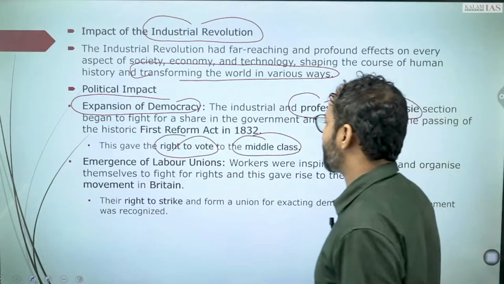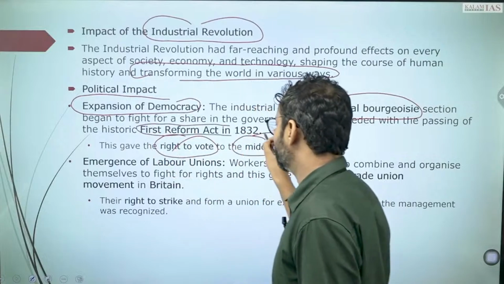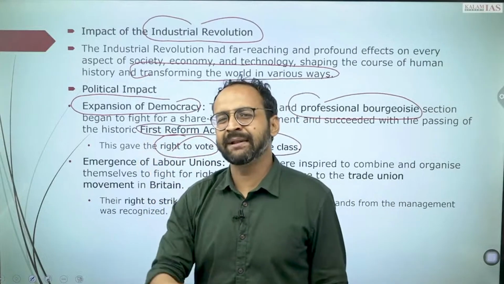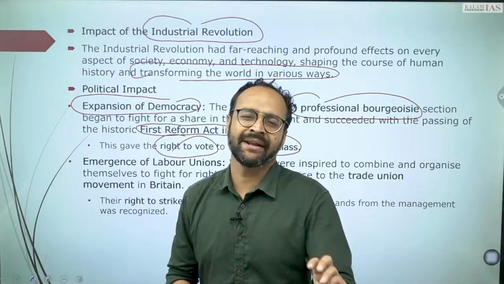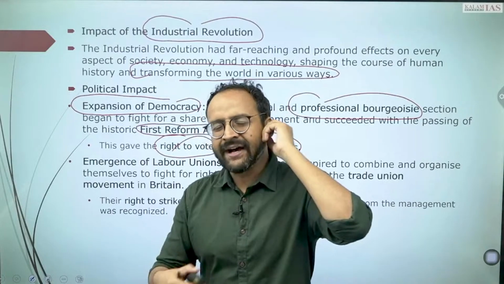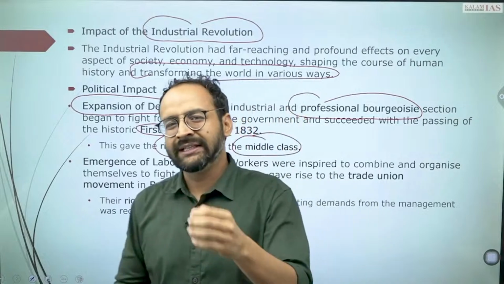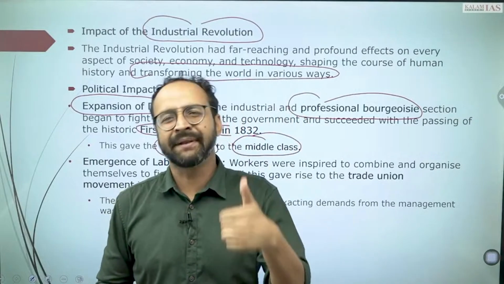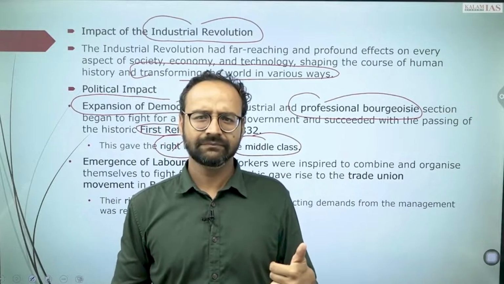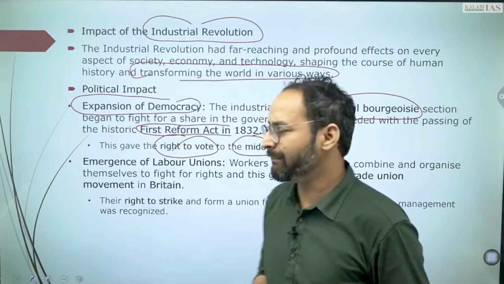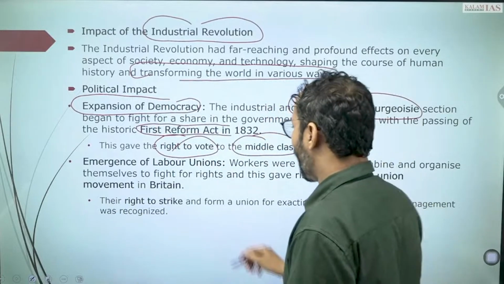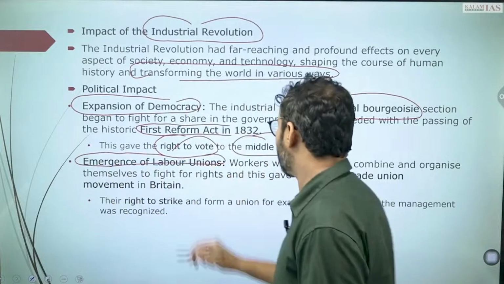And what were the things which were happening before, the French Revolution and the American Revolution? So we have the rights of man, which ultimately led to these being taken into the Indian preamble also as fundamental rights. Anyway, the emergence of labor unions also took place.